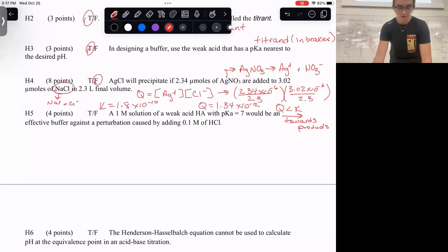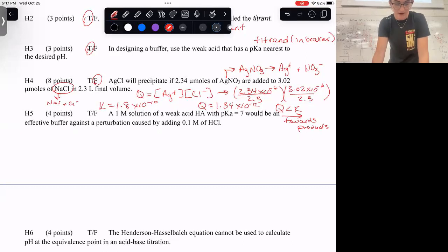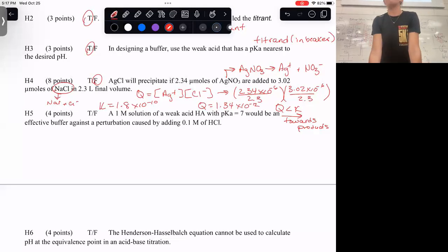Alrighty. Question 5. A 1 molar solution of a weak acid HA with pKa 7 would be an effective buffer against a perturbation caused by adding 0.1 molar of HCl. Words are hard. True or false? Anyone have an idea?